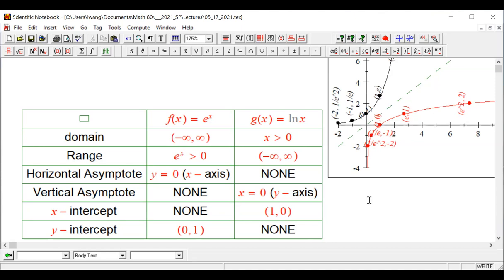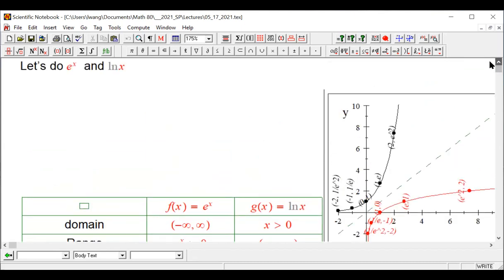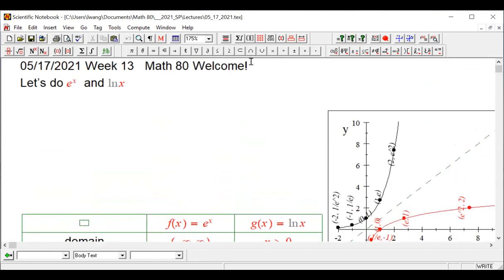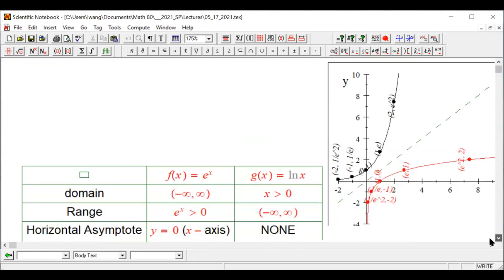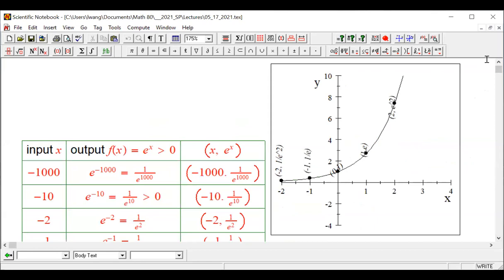Now, near the end of the class, we're going to do the comparison for all three sets. We just did e to the power x and ln x.